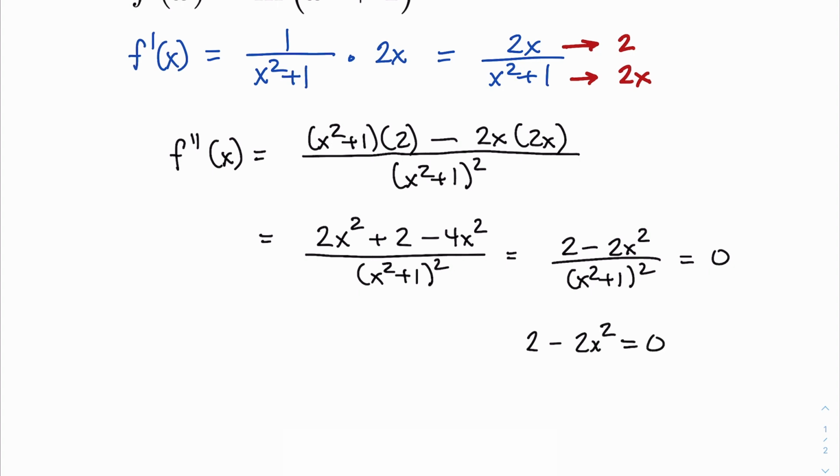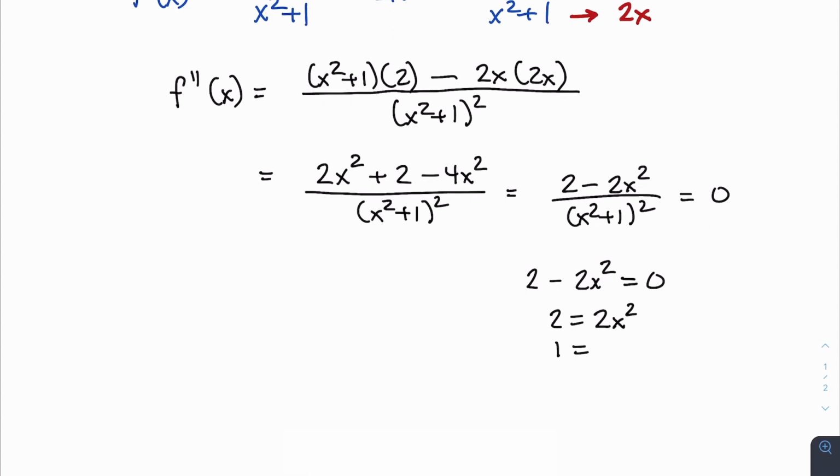So we'll solve for x. I'm going to add 2x squared to both sides, divide both sides by 2, and take the square root of both sides and get plus or minus 1. So those are the possible places where the graph is transitioning between being concave up and concave down.